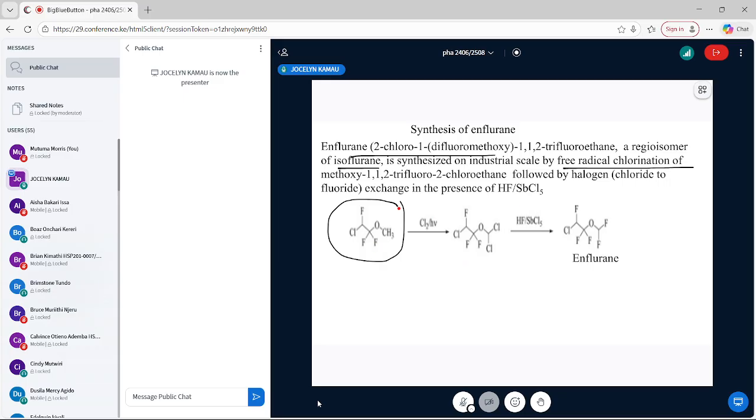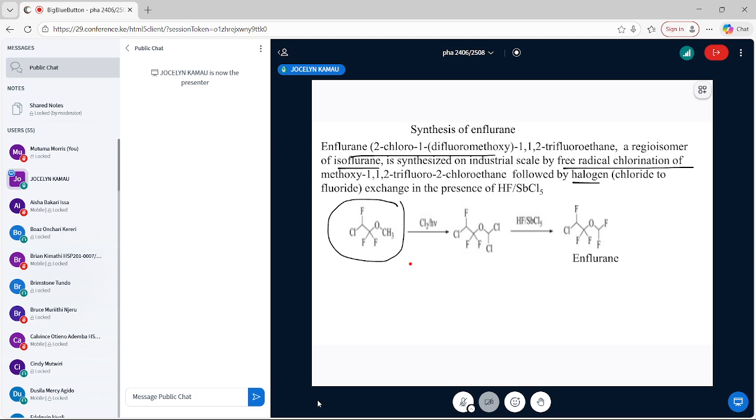And that compound we are saying, on industrial scale, by free radical chlorination of that compound, followed by halogen or chloride to fluoride exchange in the presence of hydrofluoric acid and antimony. So if you look at that, that is what we are starting with.